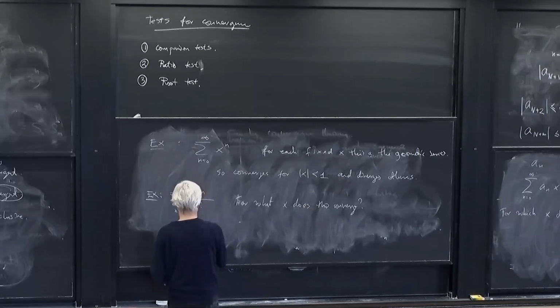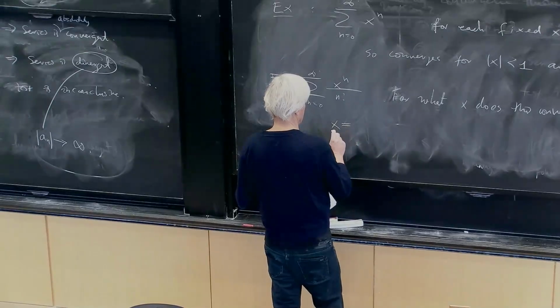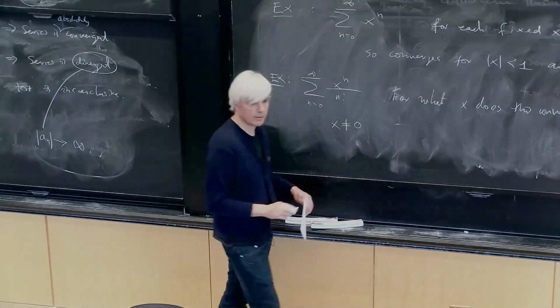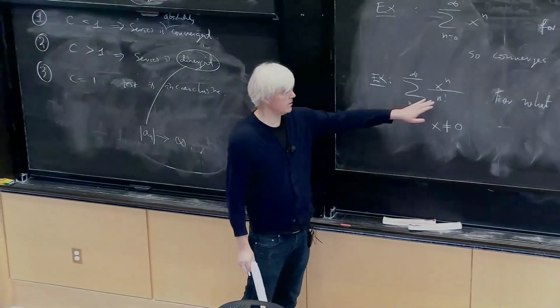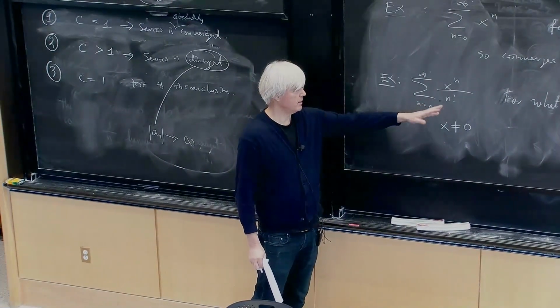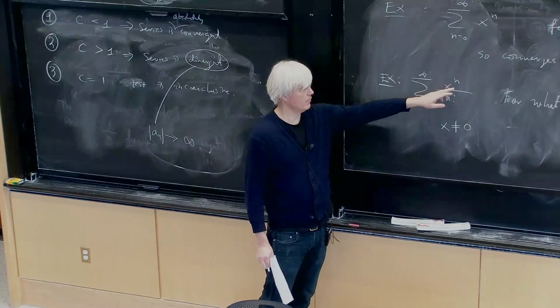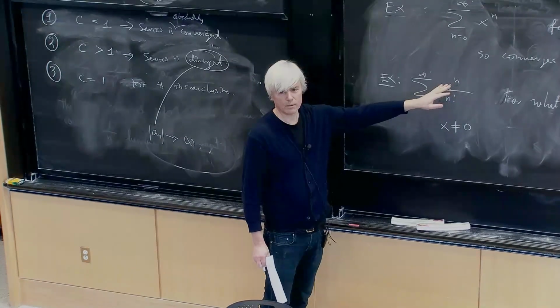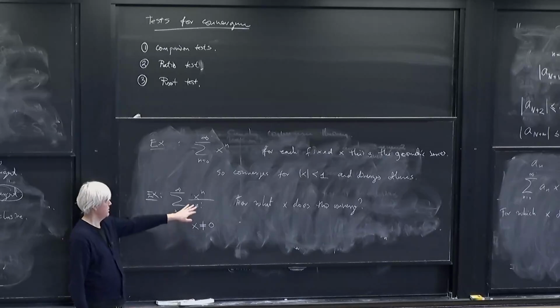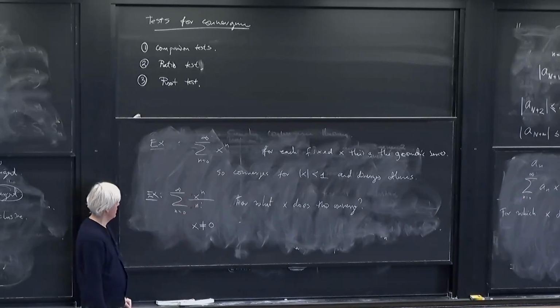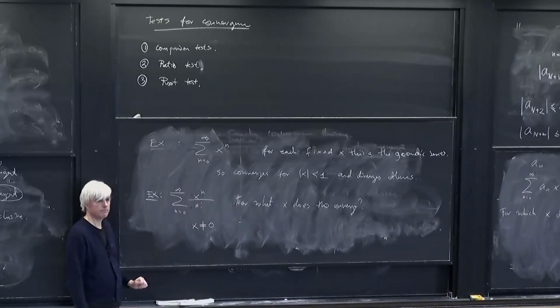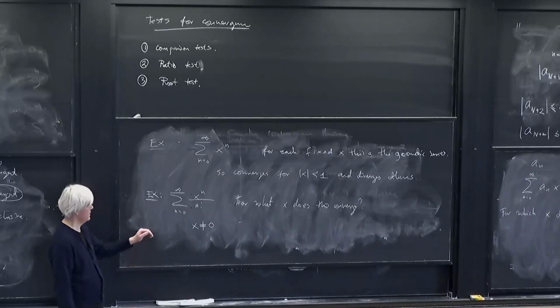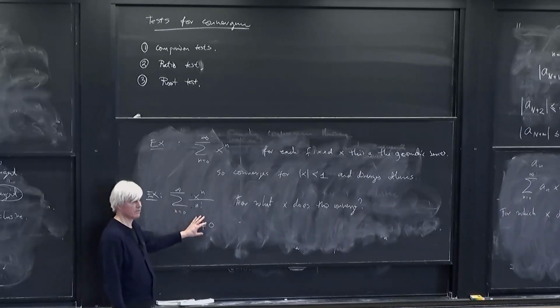So x is fixed, and I'm not interested in x equal to 0. I'm assuming that x is not equal to 0, because when x is 0, x to the power 0 is by definition 1, and all the other terms are 0. So this here is definitely converging when x is equal to 0.